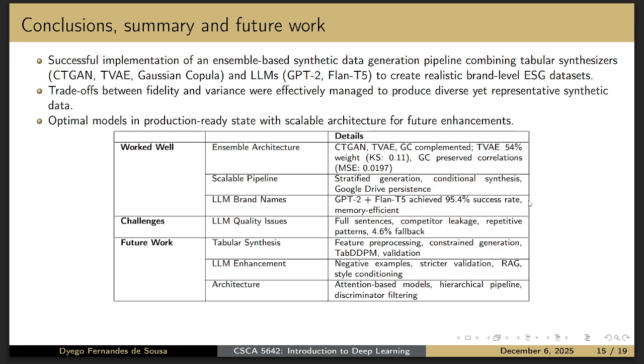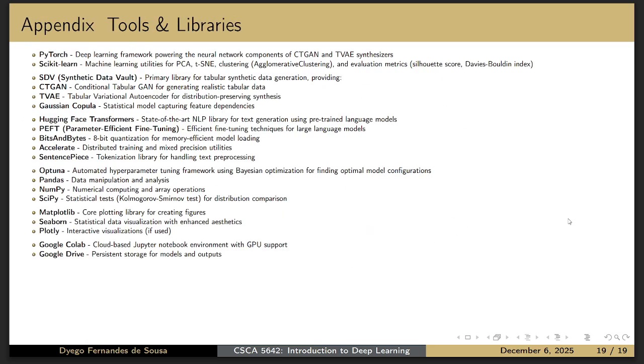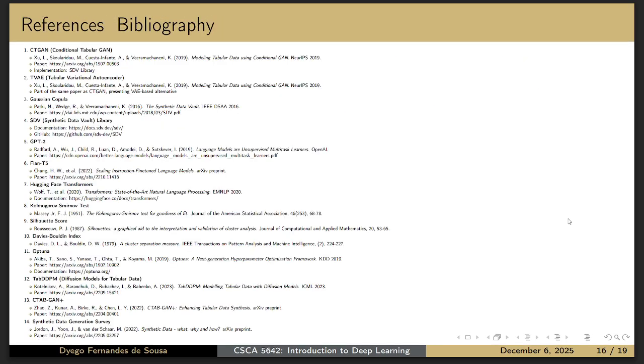I would as well fine tune the large language model and train it on negative examples. And maybe if it's a commercial product, I will use RAG to augment the capacity of the large language model. In any case, the architecture I will use attention-based and maybe a hierarchical pipeline.